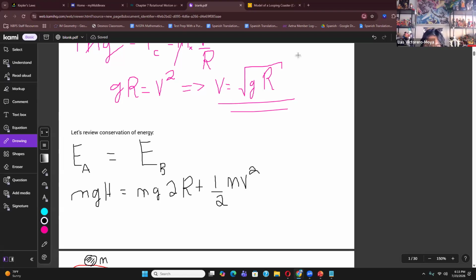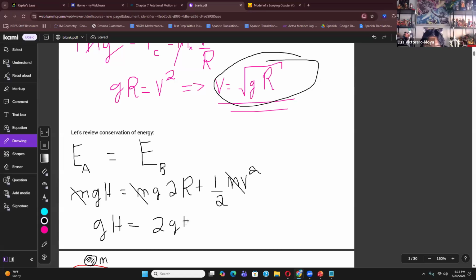Oh, but I already have v here. So mass cancels, and v squared is just gr. So look what I get. I get gh is equal to 2gr plus 1/2 of gr.